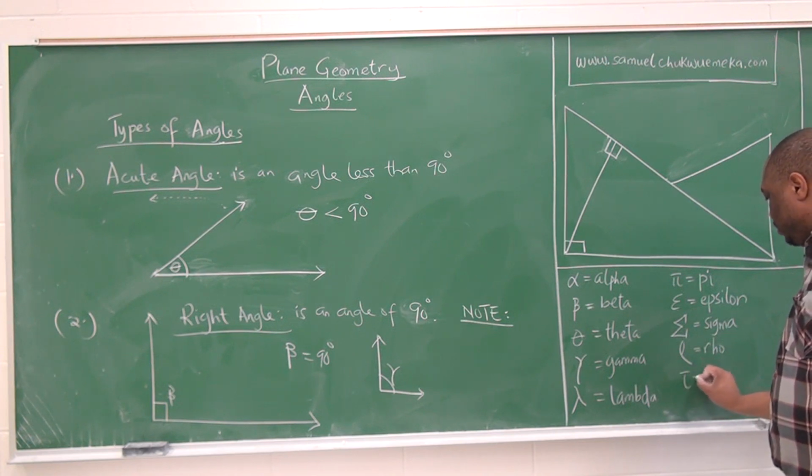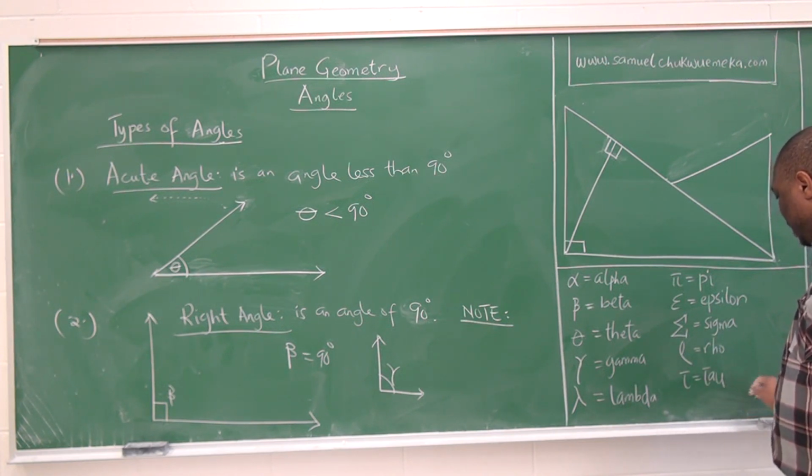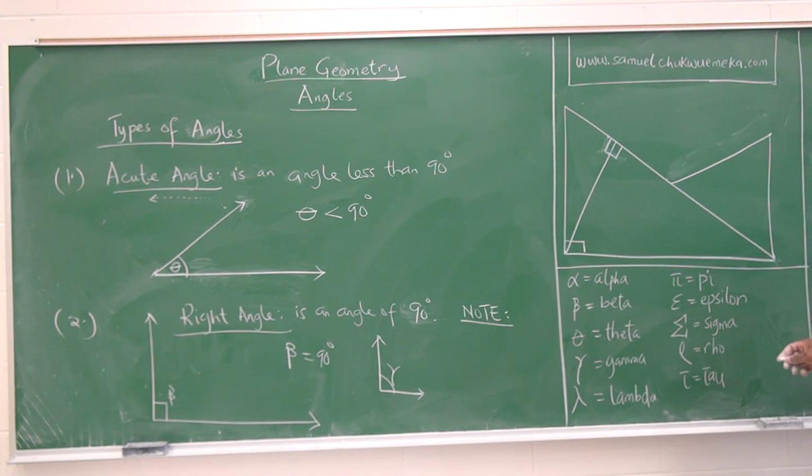This is tau. This is phi. It's 24 letters. This is psi. I don't know whether it's SIE or PSI.